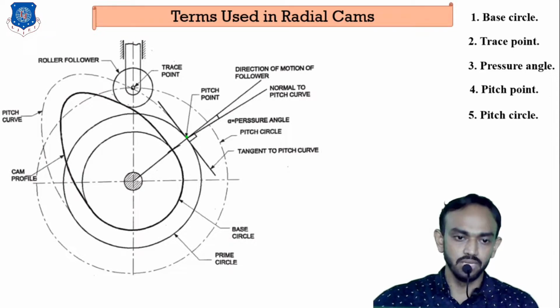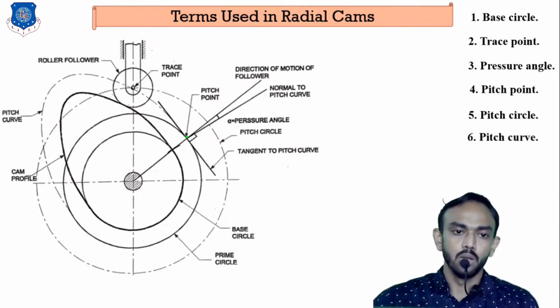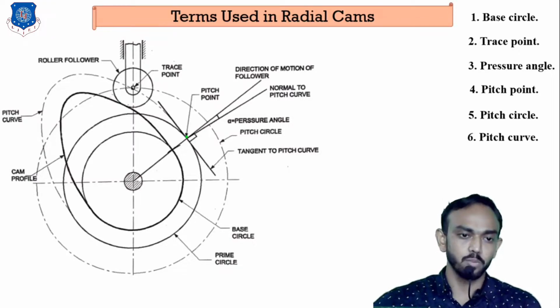Pitch circle means a circle that passes through the pitch point. A curve which passes through the trace point is known as the pitch curve.